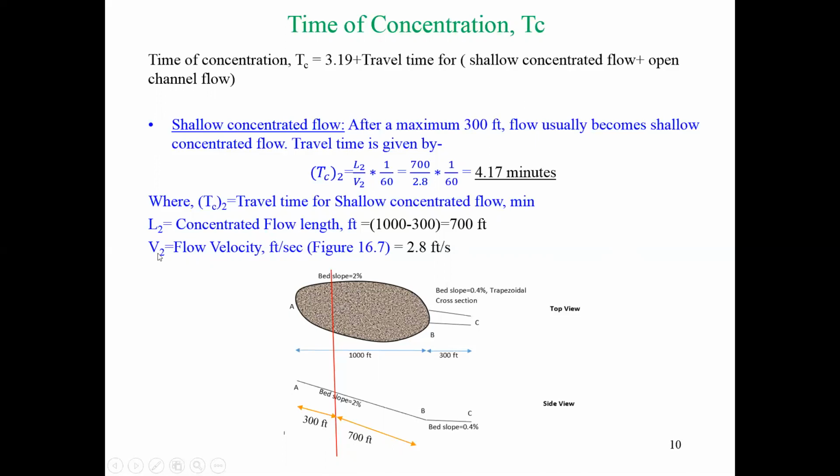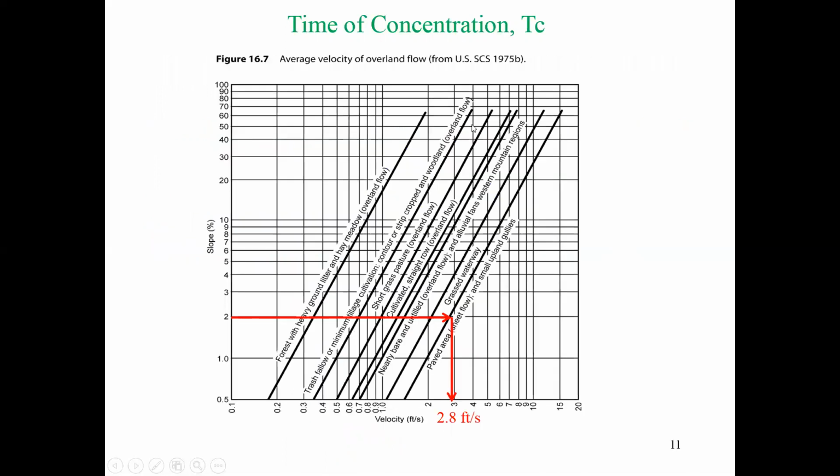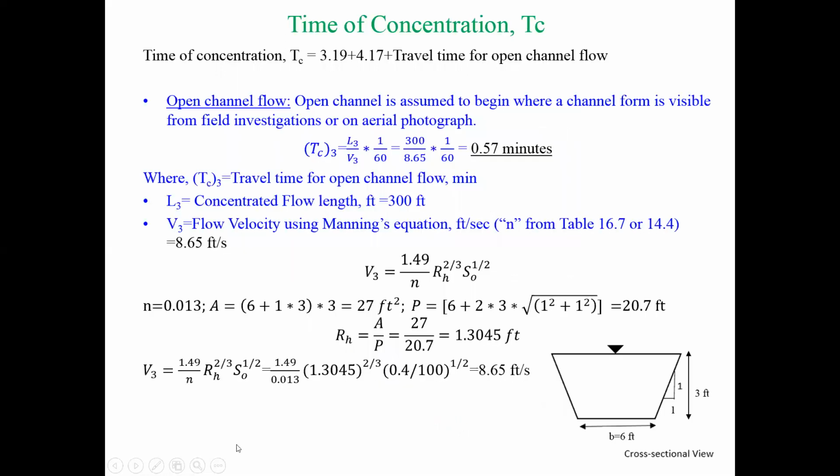And for V2, we need to know the flow velocity from figure 16.7. So let's see that one. Here is figure 16.7. We know the slope, which is 2%. We know the surface type, which is the paved area. So you will just take the value this way.